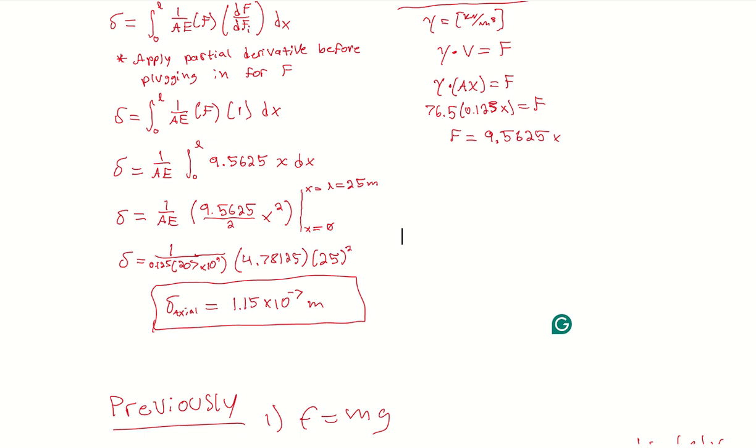We can plug in minus the integral evaluated at the lower bound, 0. We will get a subtracting 0. It is trivial. This will give us an axial deflection of 1.15 times 10 to the negative 7th meters.